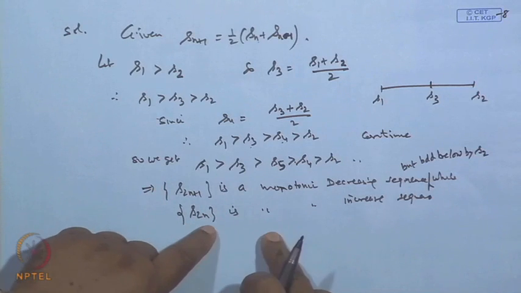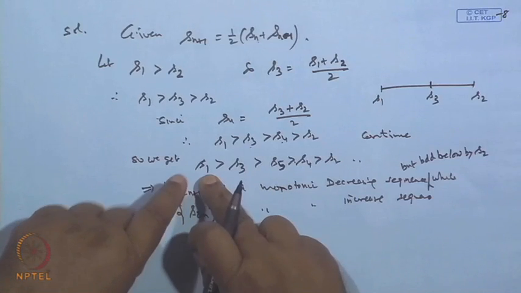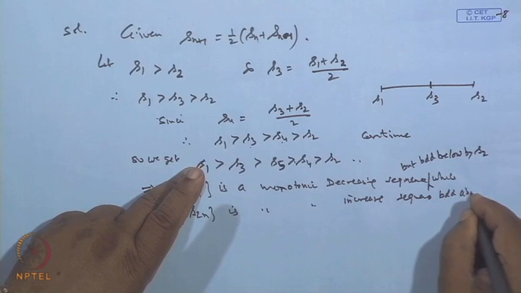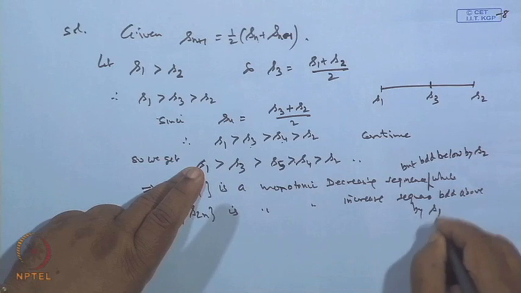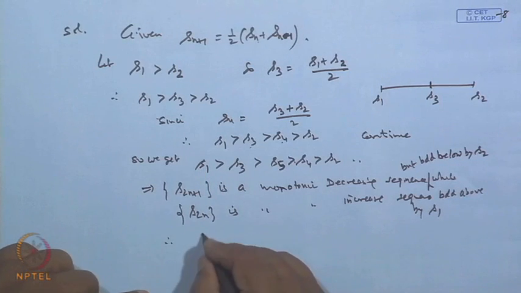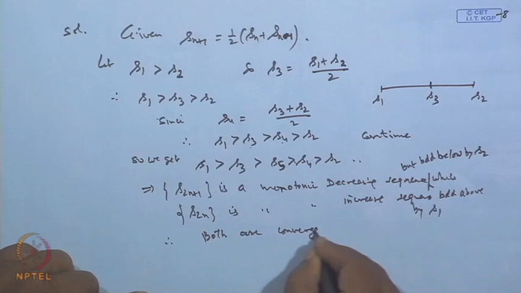S2n is increasing, but it is bounded above by S1. So, this shows that both the sequences are convergent.